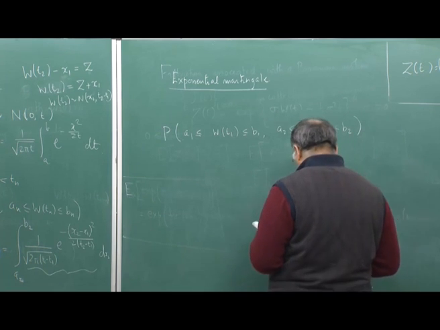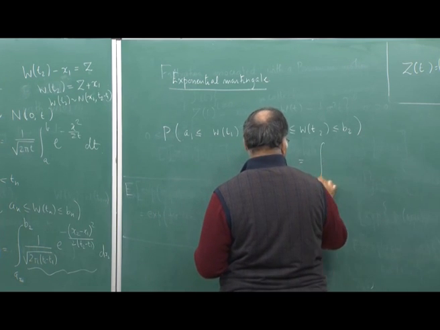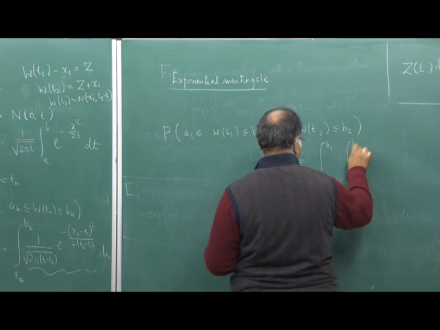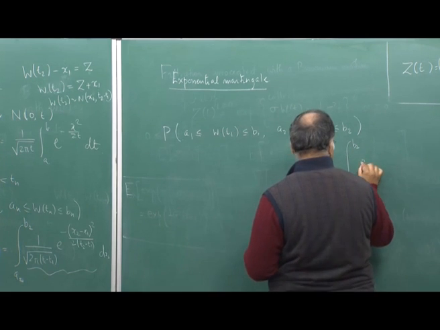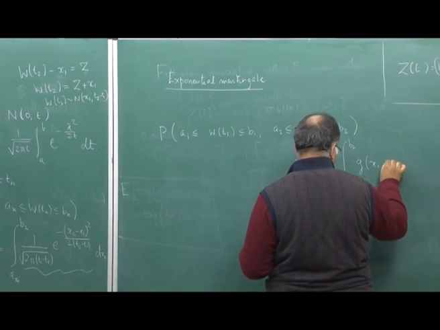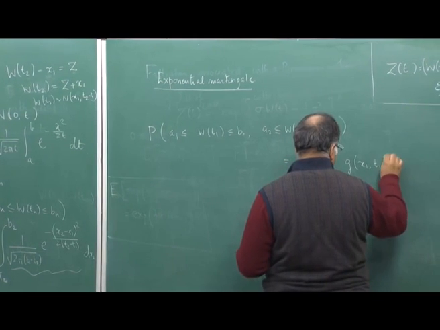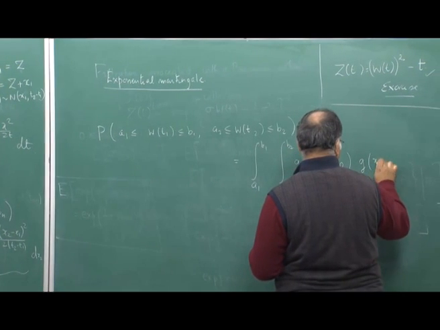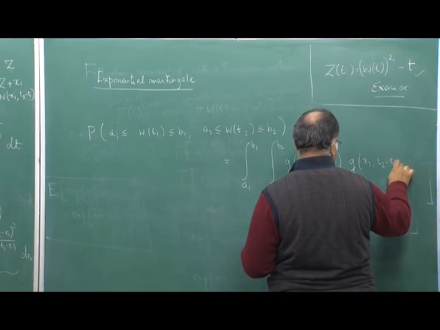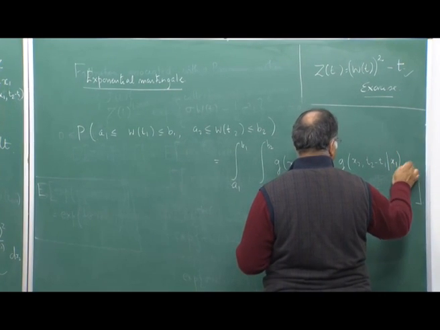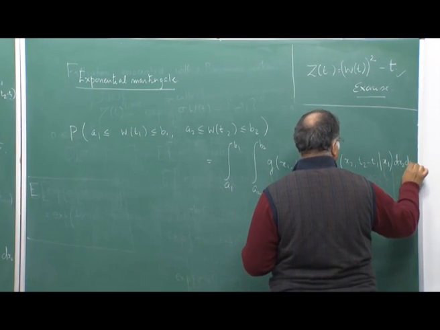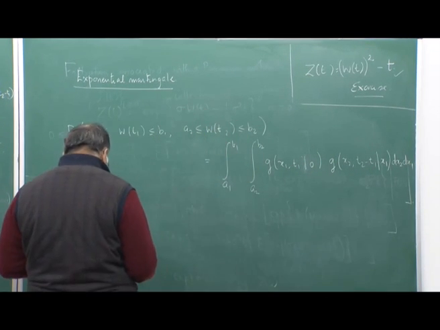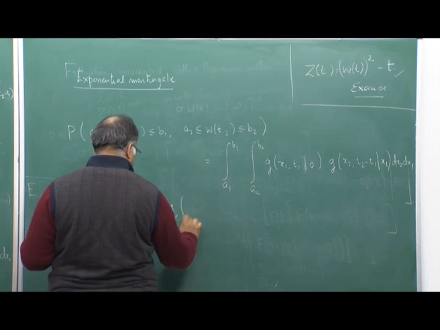Okay, and this is equal to, so first I write the... I'll tell you what is the meaning of this. So these are the marginal probabilities, marginal densities. So the marginal density in general is given like this.